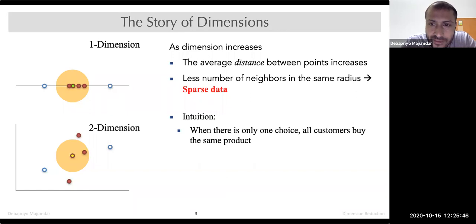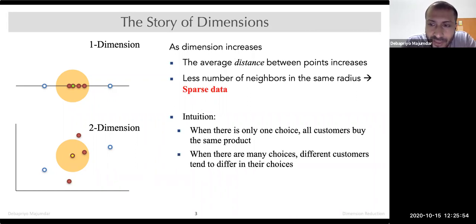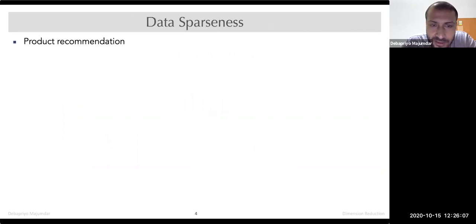So the intuition, which we discussed before also, is that when there is only one choice, all customers buy the same product. But when there are many choices, then different customers tend to differ in their choices. So this is how the data should be interpreted. That's an issue with this. The other issue, of course, is the computational challenge.